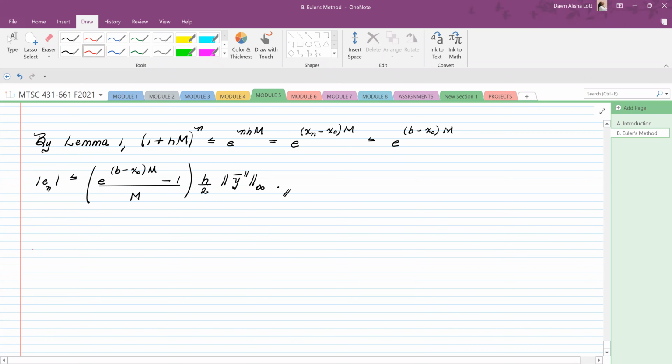So note, if you decrease step size h by a half, then your error should decrease by at least 1/2.